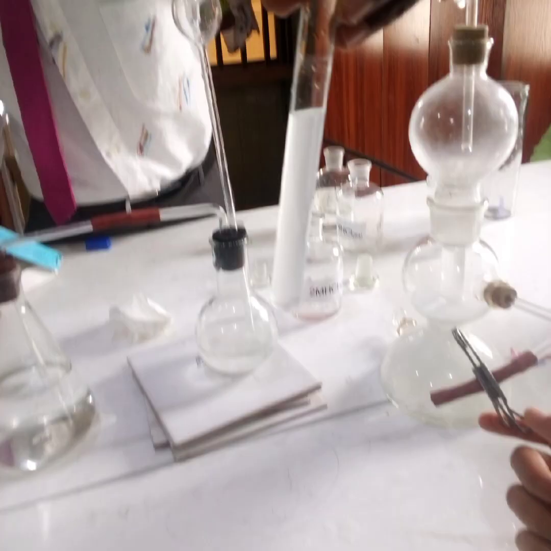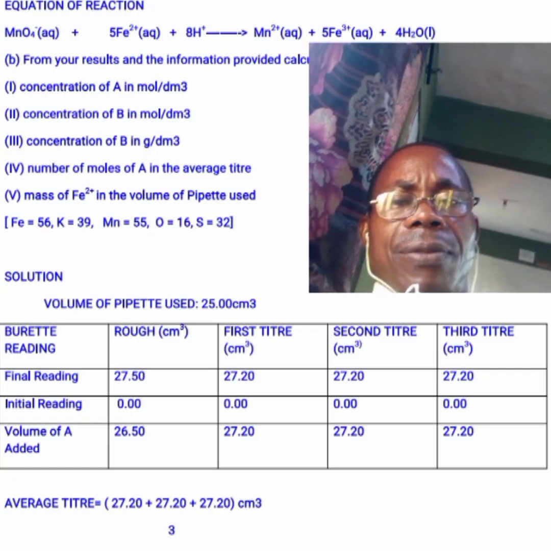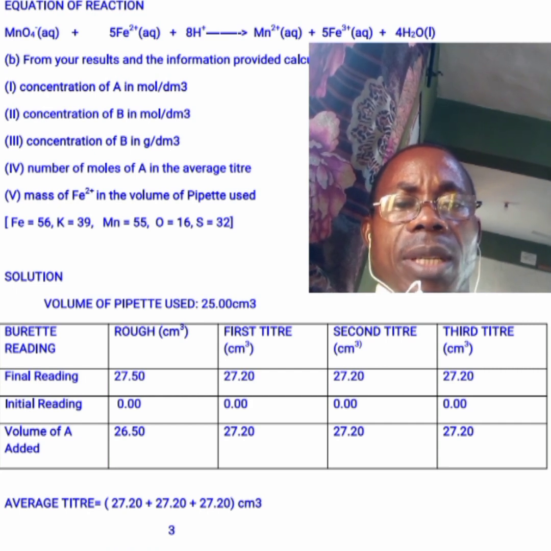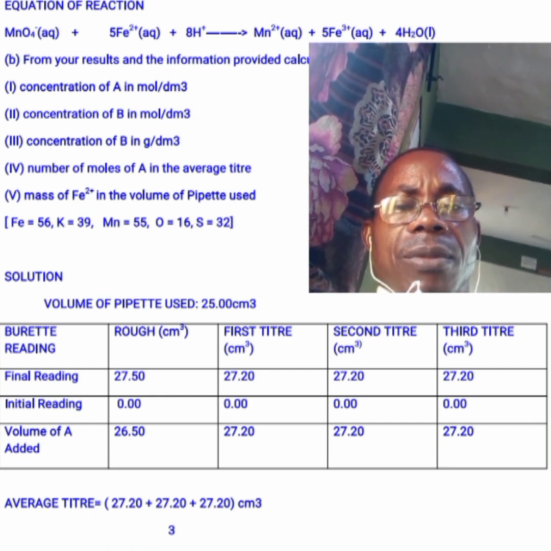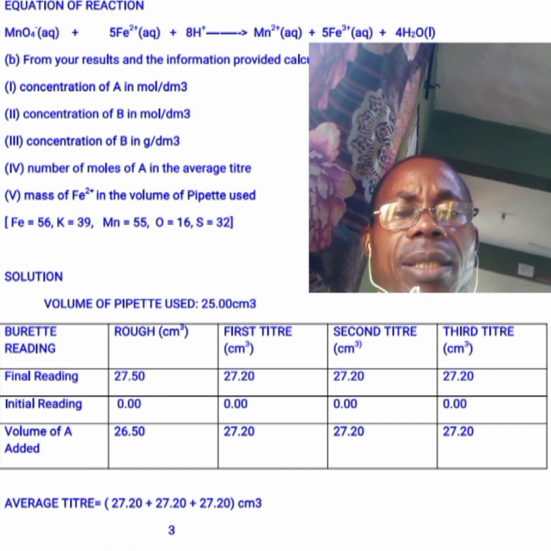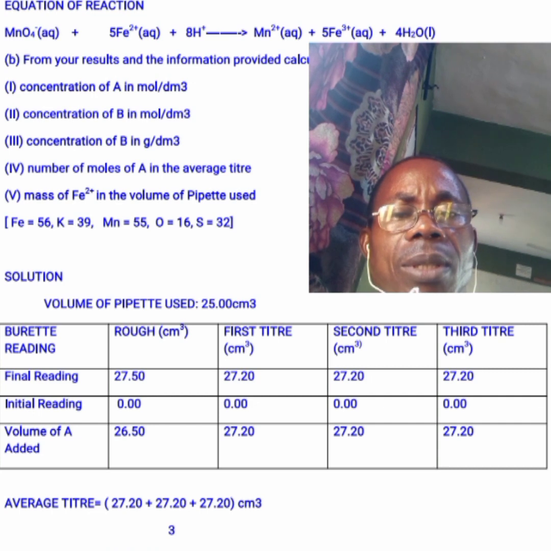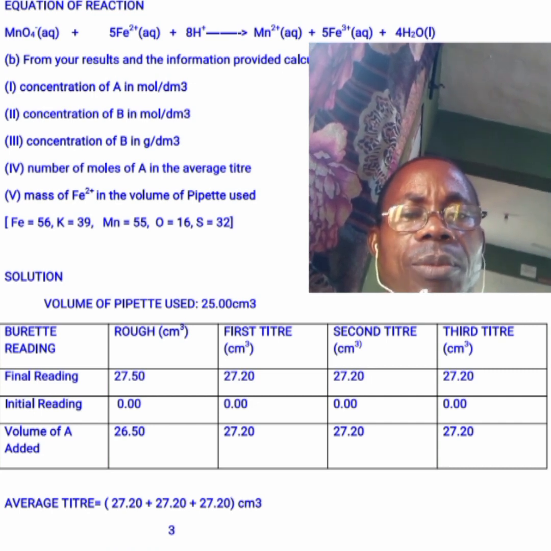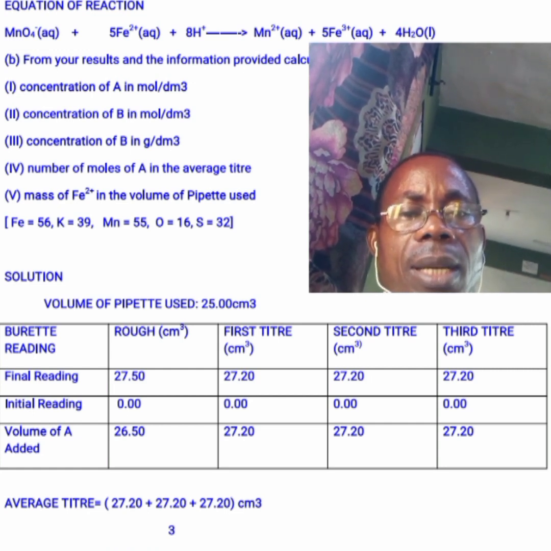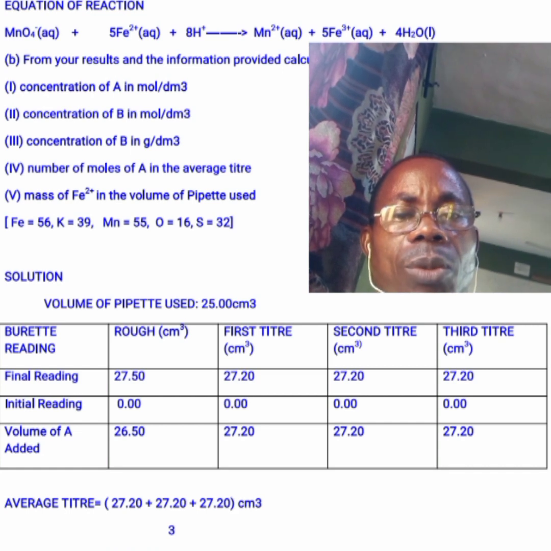Now let's look at the typical titration result based on this sample question. The volume of pipette used was 25 cubic centimeter. We have rough titer, first titer, second titer, and third titer. The rough titer was 26.5, first titer 27.2, second titer 27.2, and third titer 27.2.